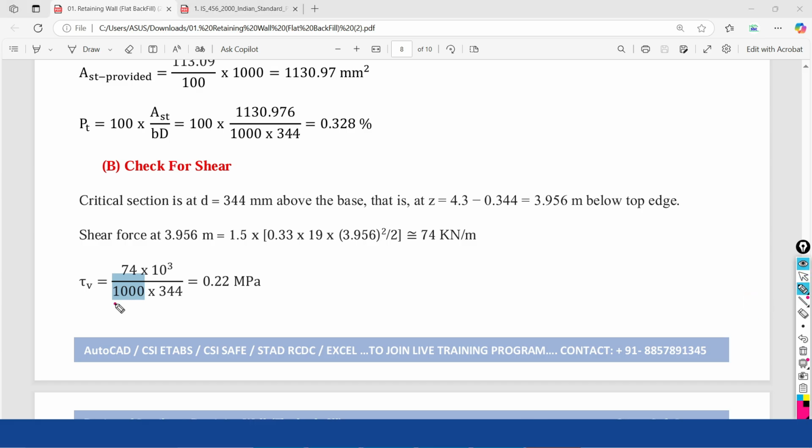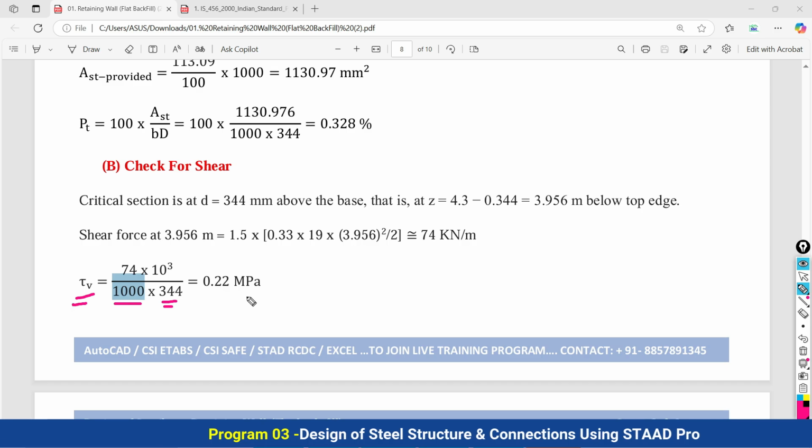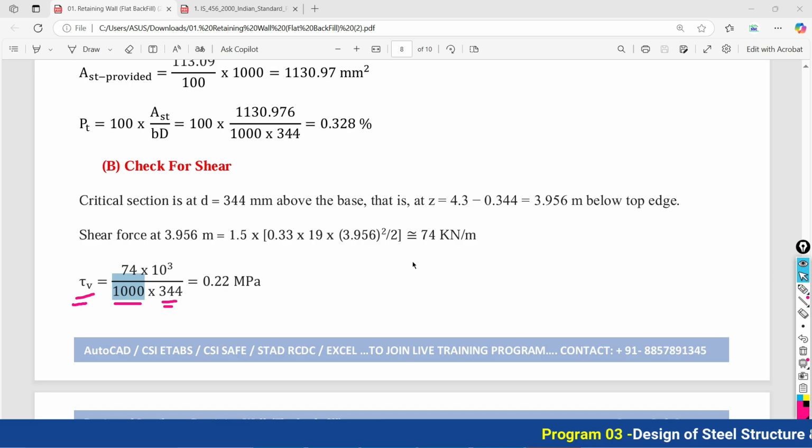We are going to design for a unit width 1000 and effective depth 344 at the base of the vertical stem. After this calculation, we will come to know nominal shear stress as 0.22 MPa, or Newton per mm square.